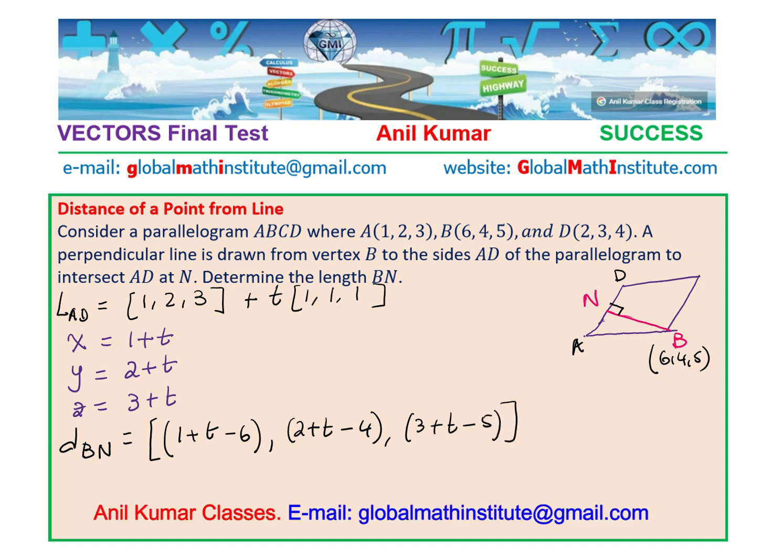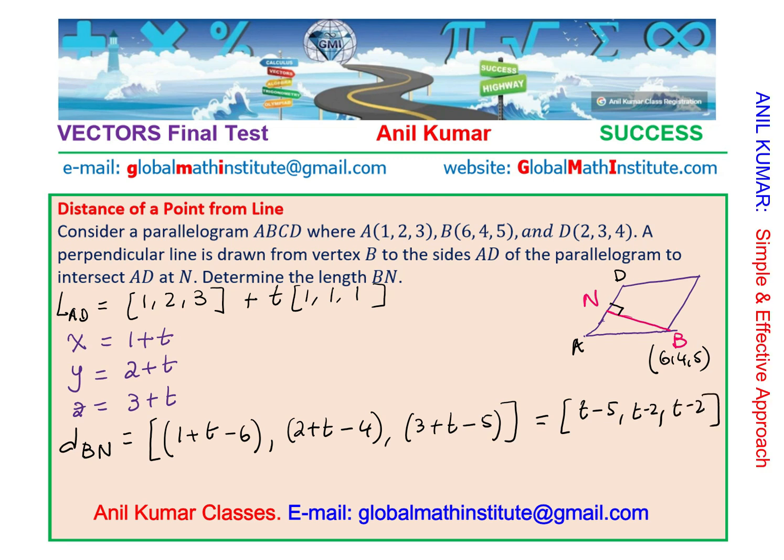Clear? Well, let me rewrite it here itself. So 1 plus t minus 6, we get t minus 5. Here we have t minus 2, and here we have t minus 2. So that becomes the direction of BN.